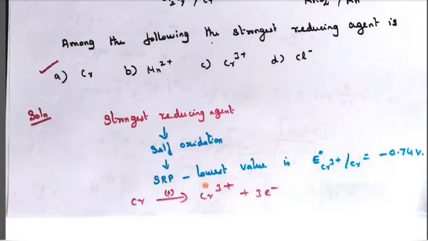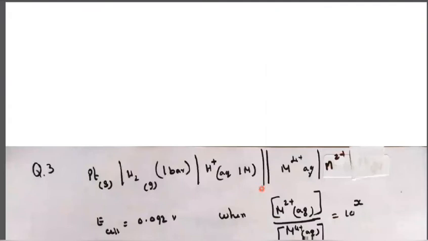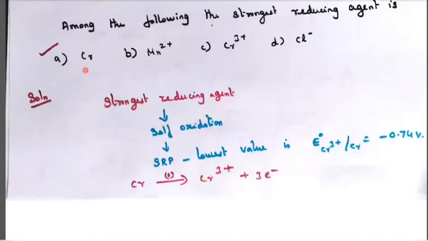So the difference between 0 and 3 plus is 3, which means 3 electrons. We should put those 3 electrons near the higher oxidation number side. So our answer is chromium.